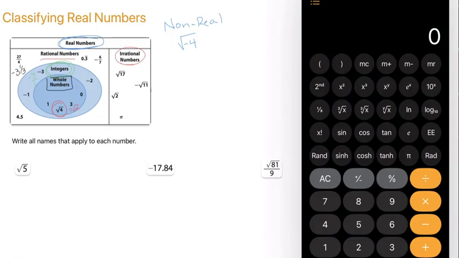So let's take a look at these three examples that we have: the square root of 5, -17.84, and square root of 81 over 9, and see if we can classify these in their different categories. And let's start off with the square root of 5. Now, the reason I have my calculator pulled up here is so we can actually put in the square root of 5 into our calculator and see what the value is.